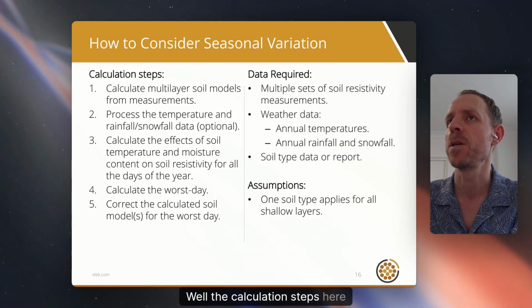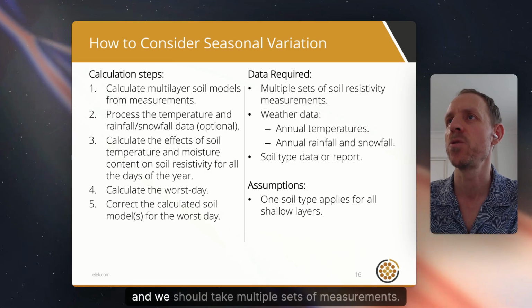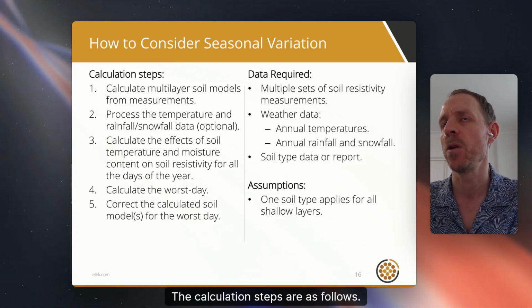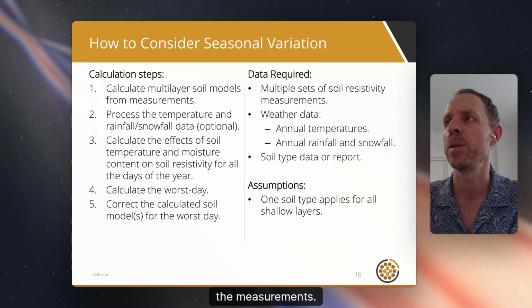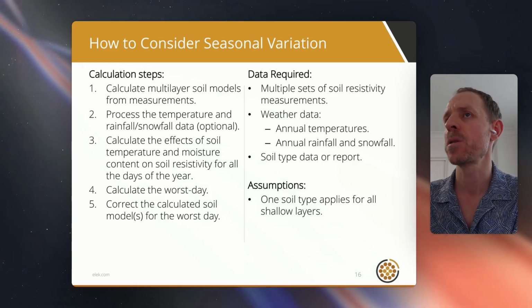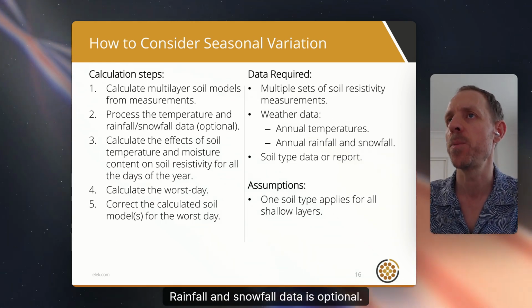Well, the calculation steps here. First, obviously, we need to take the measurements, and we should take multiple sets of measurements. The calculation steps are as follows. We need to calculate multi-layer soil models from the measurements. We need to process the temperature and rainfall or snowfall data. Rainfall and snowfall data is optional.